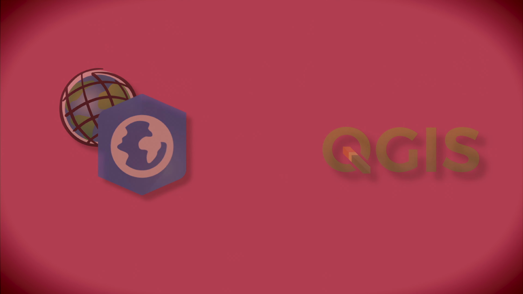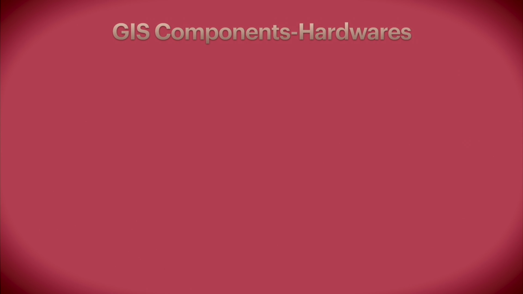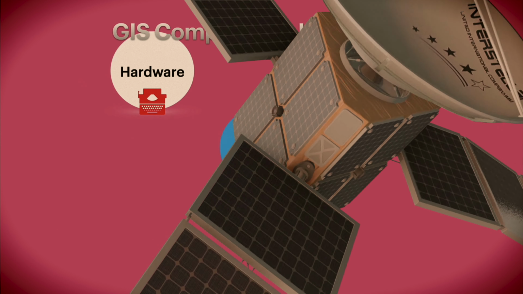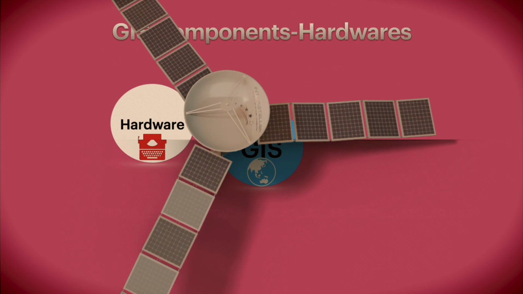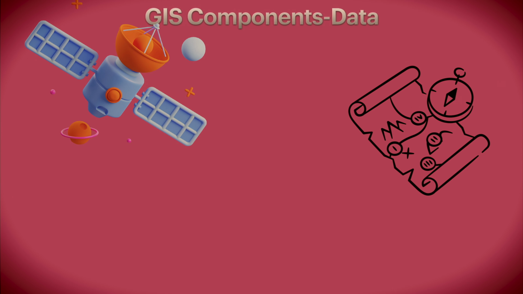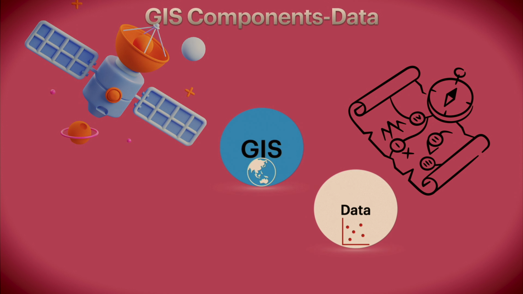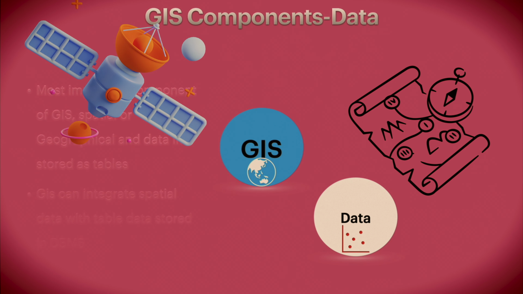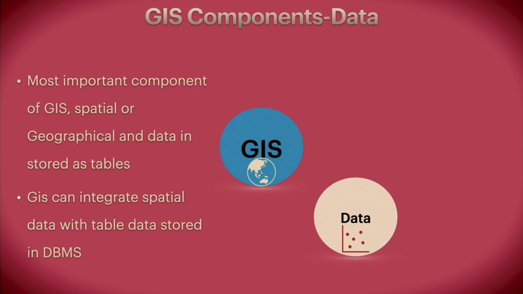Hardware ranges from computer systems to satellites used to capture the GIS data. Data is spatial and non-spatial data that we already talked about. Methods.